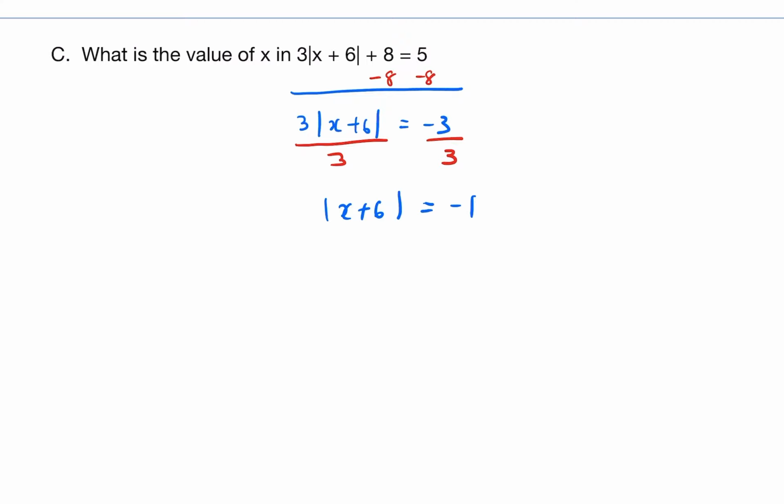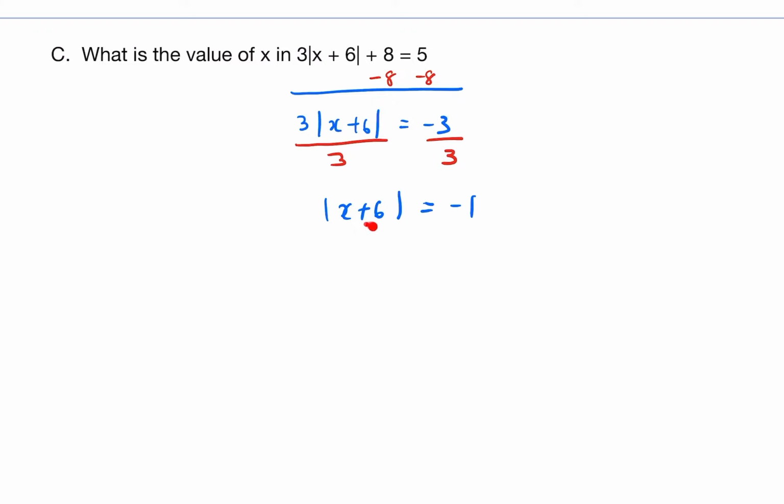Okay? Now, given that understanding, is it possible for an absolute value of x plus 6 to equal negative 1? So in other words, if whatever we resolve here is going to be positive on this side, then is it possible to make it equal to a negative number? And the answer is no.